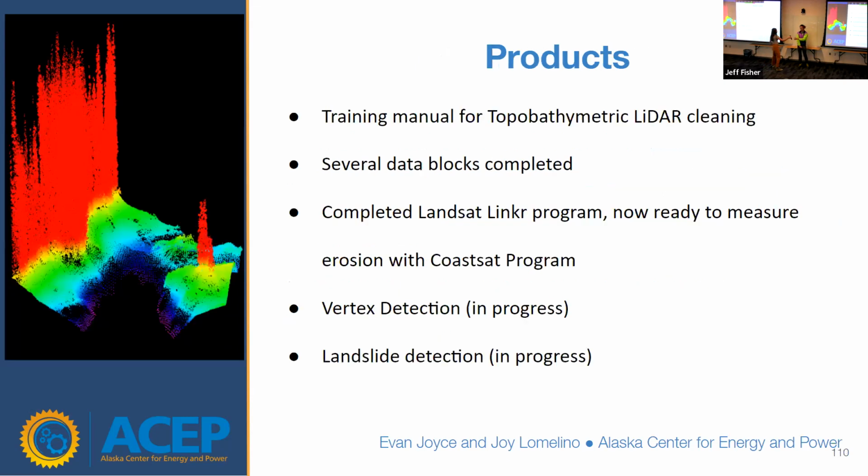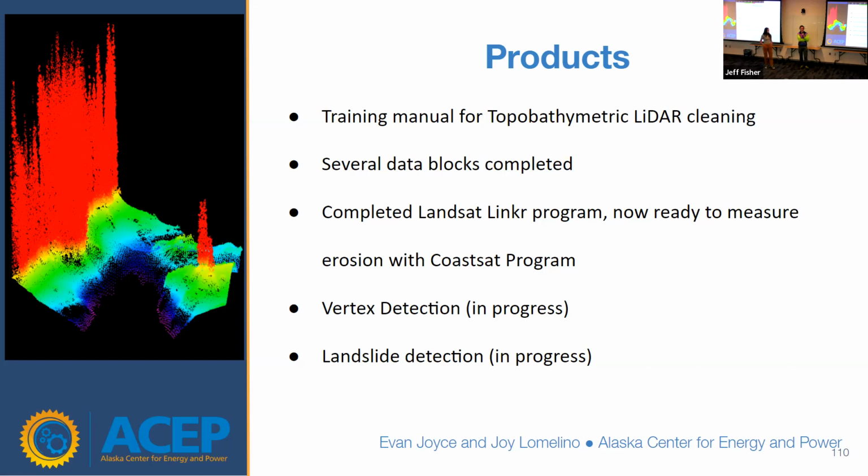All right. And although some of our projects are still in the works, we are able to come up with a few things. We got a training manual for LiDAR topobathymetry, which is something that Javeltech, the company we're working with, doesn't have. So we were able to come up with that.